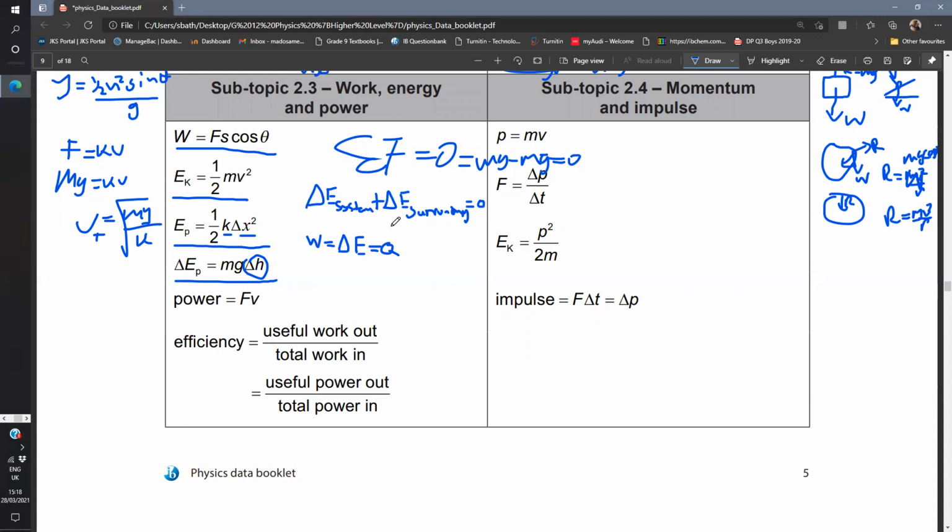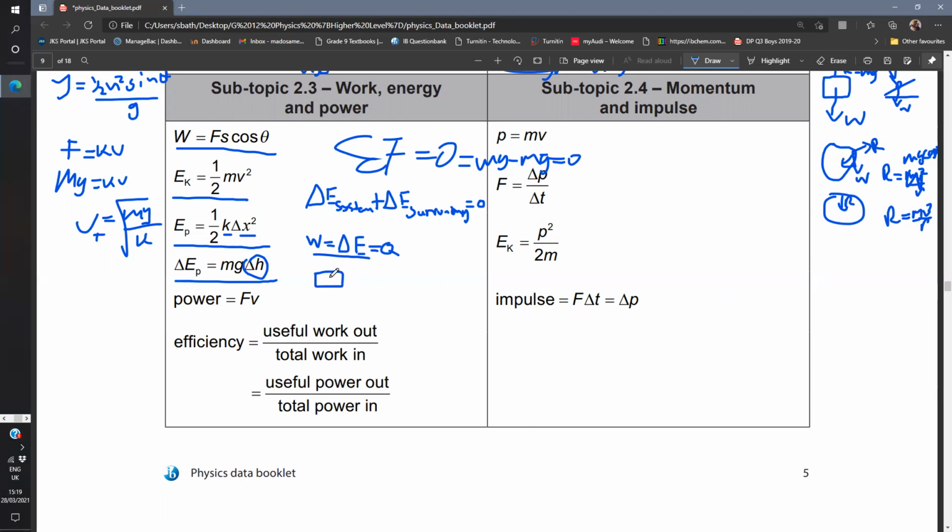So now what we're concerned with is when W is equal to the change of energy, or work is equal to the change of energy, and we assume that Q is equal to 0. So the first thing we want to do is, how do we get this equation? So we want to understand what they mean by this equation.